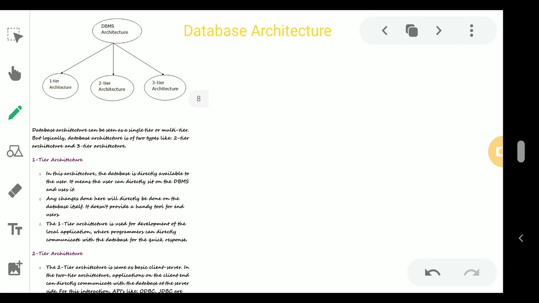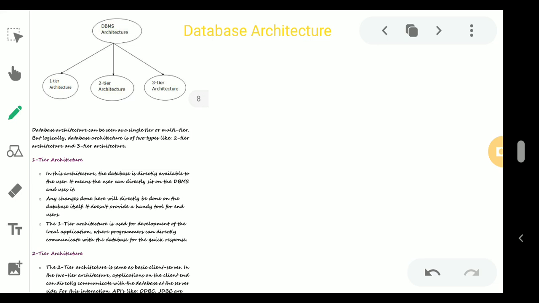This classification is done because of the number of users. If multiple users are involved, then we will not consider the single-tier architecture. At that point of time we will consider the two-tier or three-tier architecture.